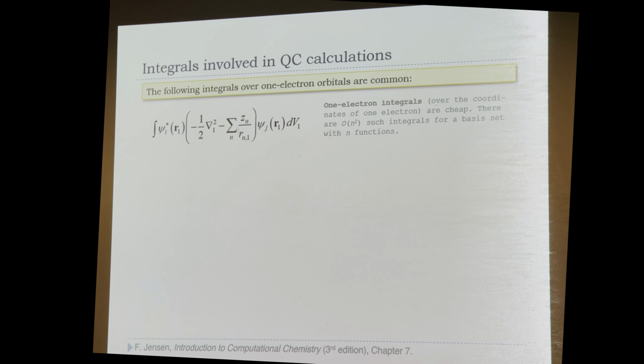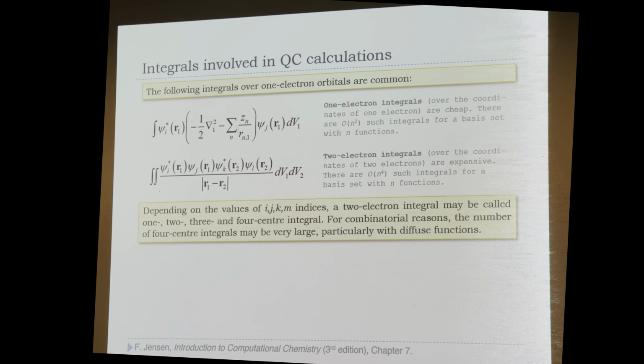This is the momentum, in this case of electron 1, and this is all of its Coulomb interactions with whatever else occurs around it. And these are called one-electron integrals, and if we have n basis functions, of course there's one here, we will have around n squared of such integrals, and they are relatively cheap, and you can see the numerical complexity scales as n squared, so this is not too bad.